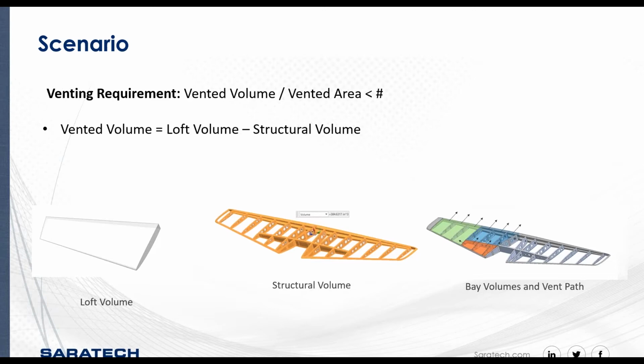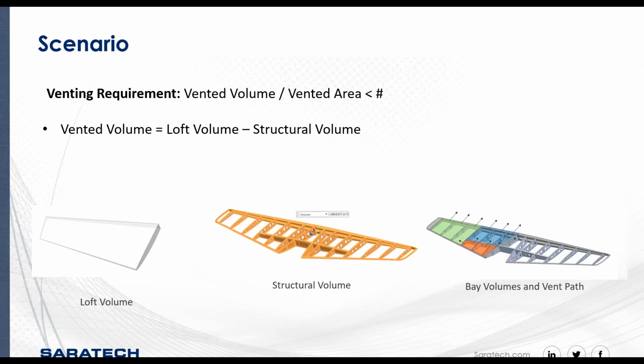So there can be a lot of scenarios where there's an excess amount of pressure building up inside, either due to a lower pressure on the outside. So you want to be able to make sure that not just the entire structure is ventilated, but the bays themselves, or else they can implode into one another.